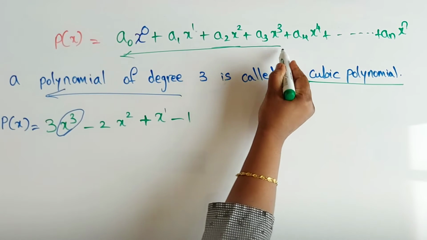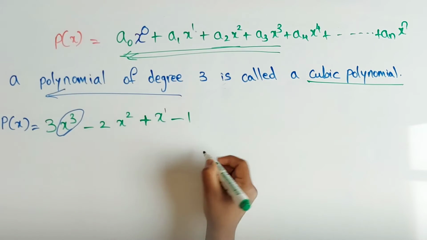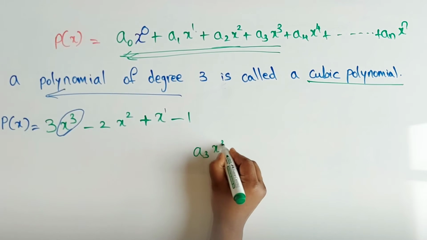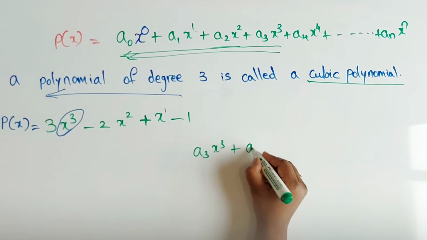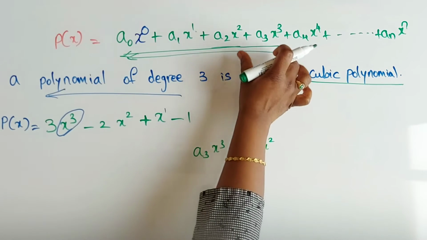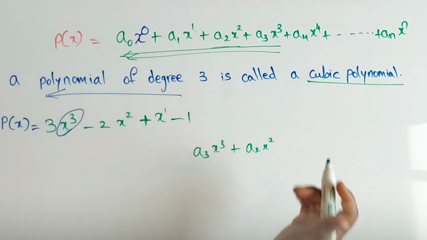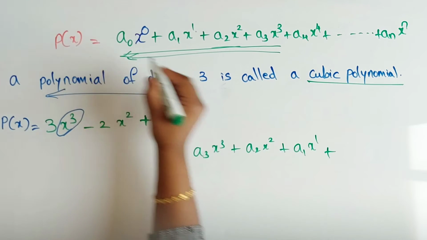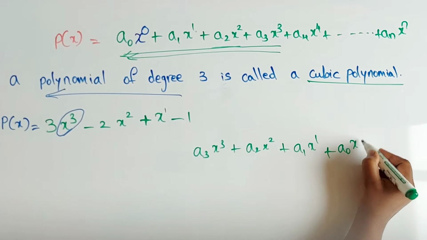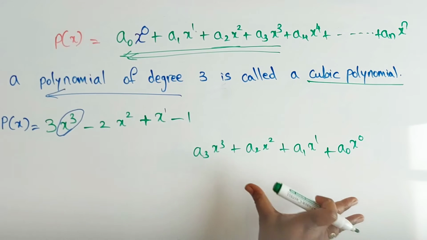For this one we will write the standard form here: a3 x cube plus a2 x square, because we are starting with the highest degree. Correct, children? Plus a1 x power 1 plus a0 x power 0. This is the polynomial.